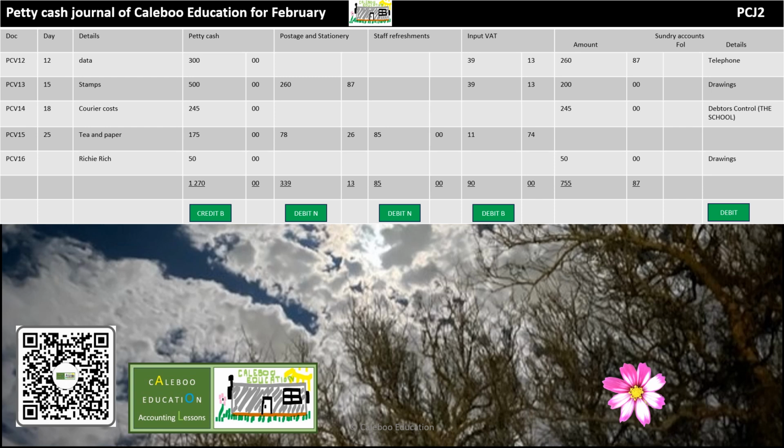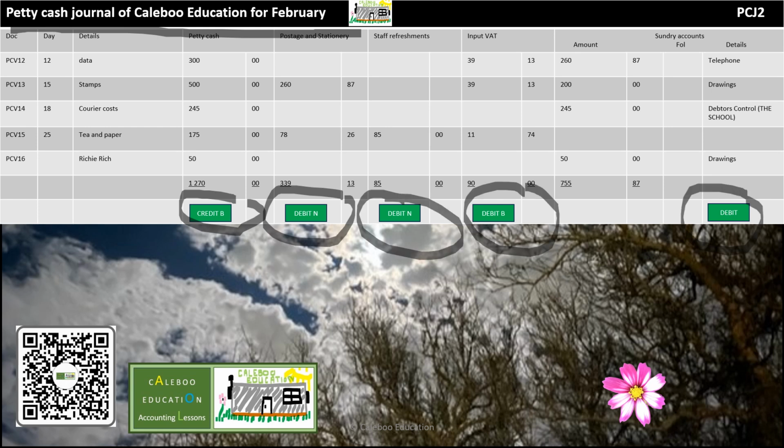This is the completed petty cash journal for Calibu Education for the month of February. These are the 5 transactions that we looked at, and what we're going to do now is take this information and post to the accounts in the general ledger.